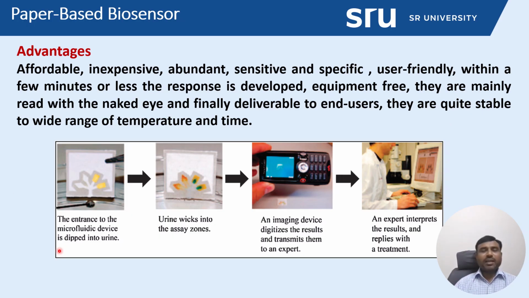The paper itself acts as the equipment, and we can see the output simply with the naked eye. Finally, delivered to the end user, they are quite stable over a wide range of temperature and time. The paper is very low cost; we can even use parchment paper. So this is the simple protocol for how we can utilize the paper-based biosensor.